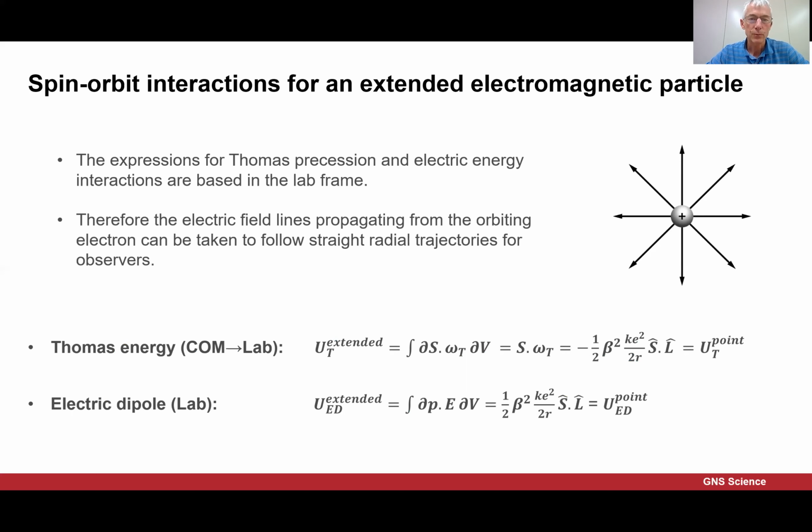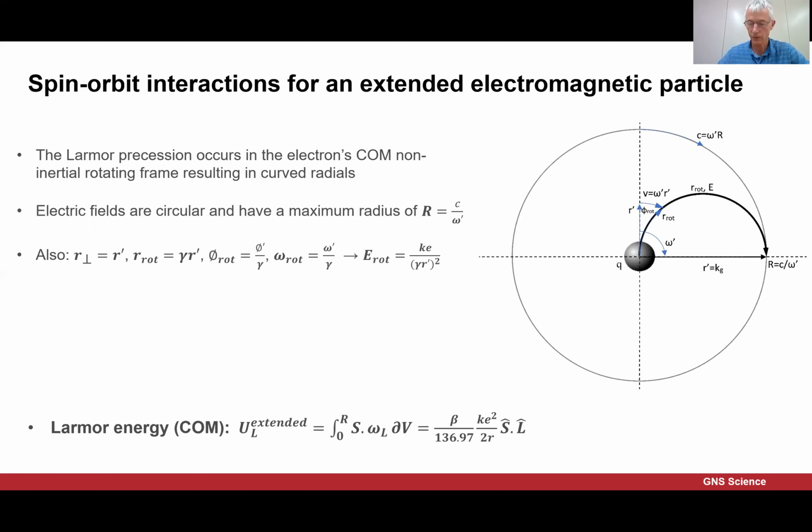For the Thomas precession and the electric dipole interaction, as I showed earlier, they were based in the lab frame. So the electric fields for these interactions are still radial and straight. So when we consider the extended electromagnetic mass of the electron, these will still have the same interaction terms as for a point particle. So those equations remain the same.